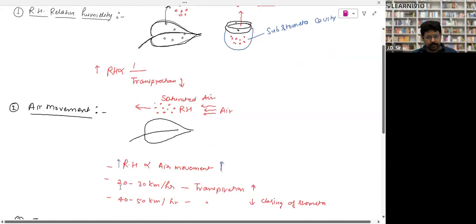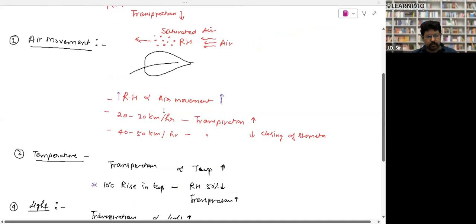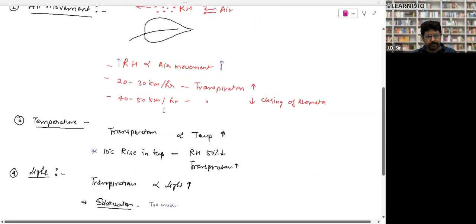Then write on the air movement, temperature and light. Note down.